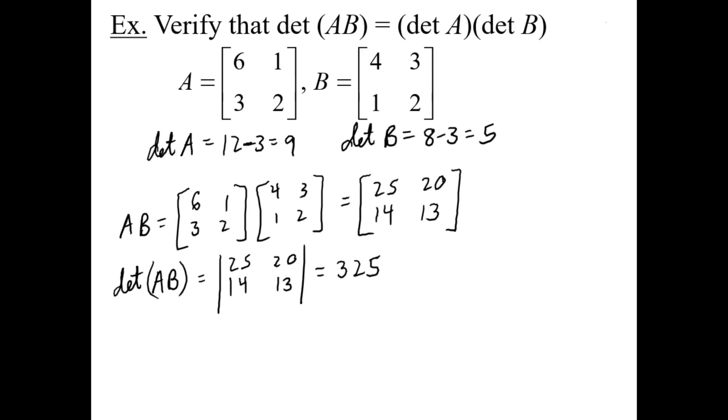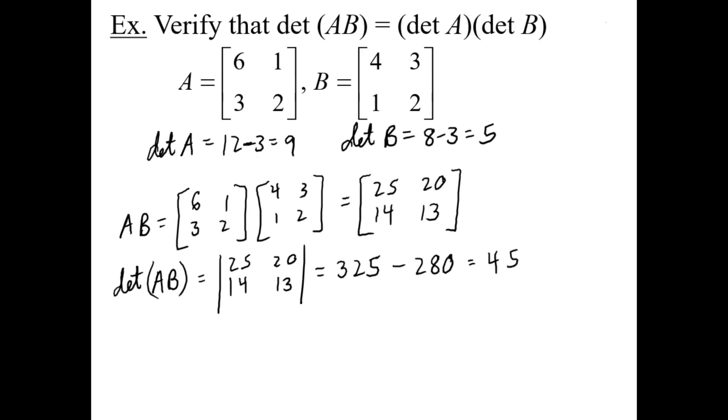Hold on. 250. Yeah, I'm pretty sure that's right. I'm going to find out in a second, aren't I? Minus multiplying the other way, 20 times 14 is 280. And if I subtract those, I'm going to get 45. Yes, I'm going to get 45.